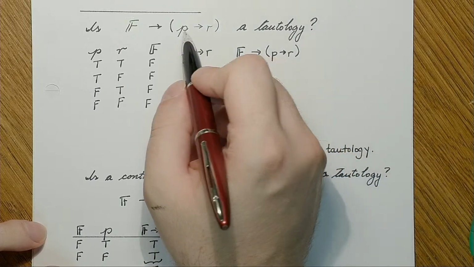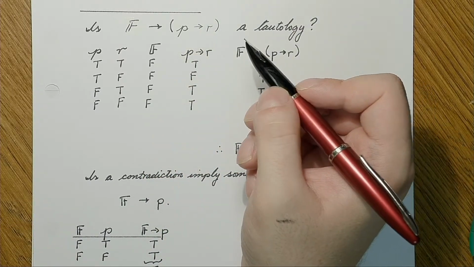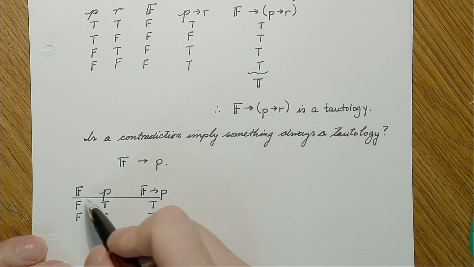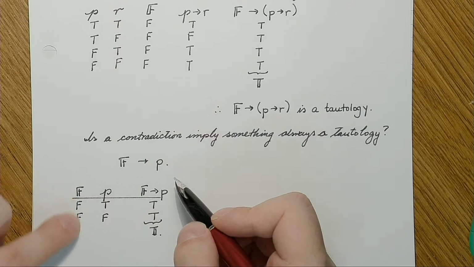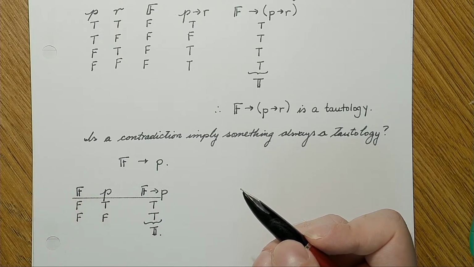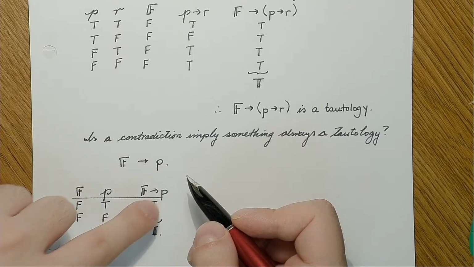You can just take this P implies R and think of it as a proposition. It's just a compound proposition. And so if it's always going to be a contradiction at the beginning, it doesn't matter what the truth values are for the proposition that follows it, it's always going to be true.